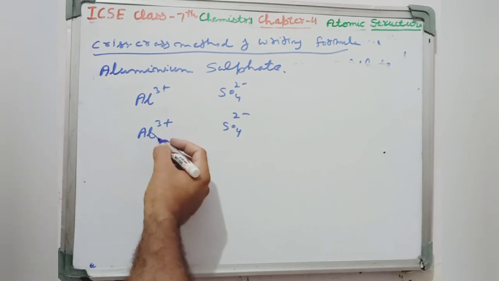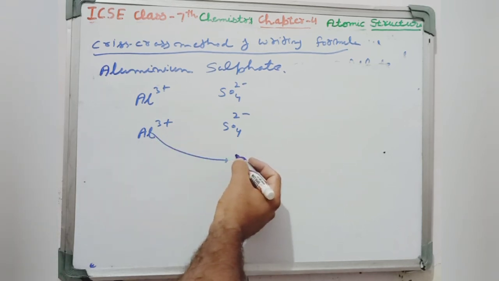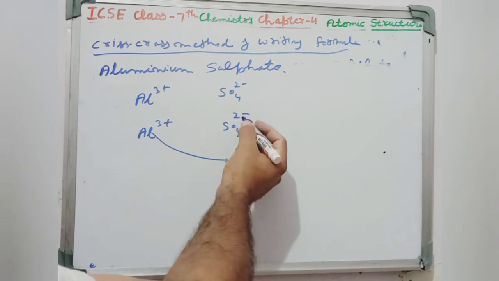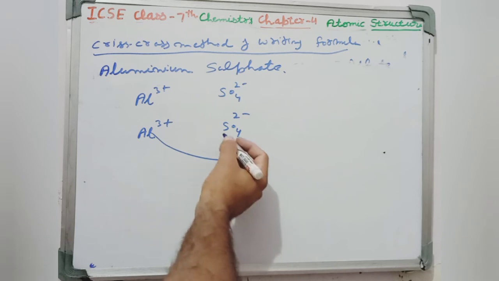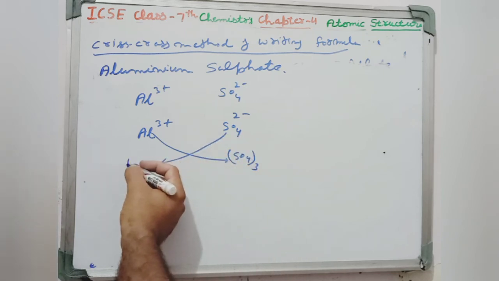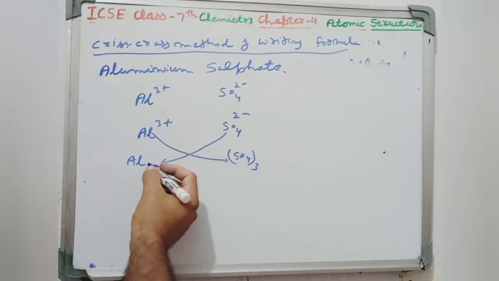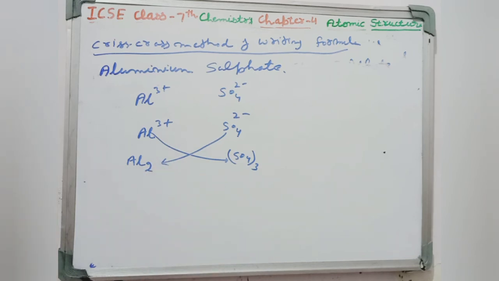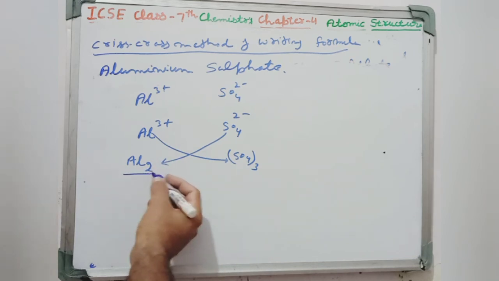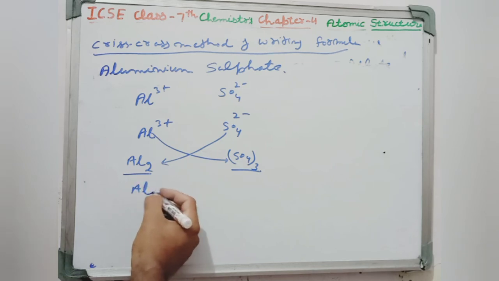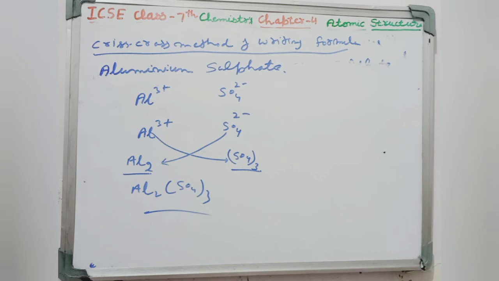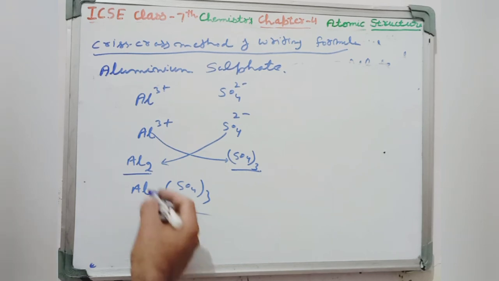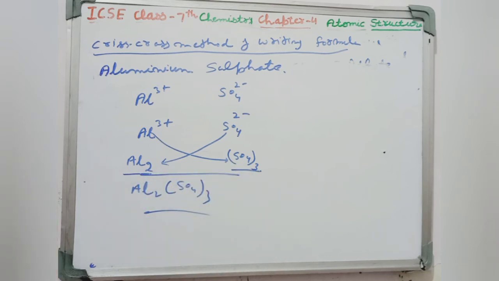So this SO4 will be carrying this, and this aluminium will be carrying this, irrespective of their sign. So now our compound will be Al2(SO4)3. No need to panic, right?